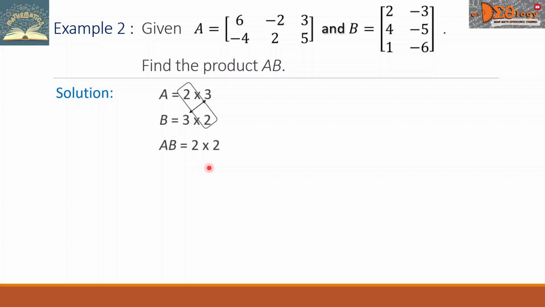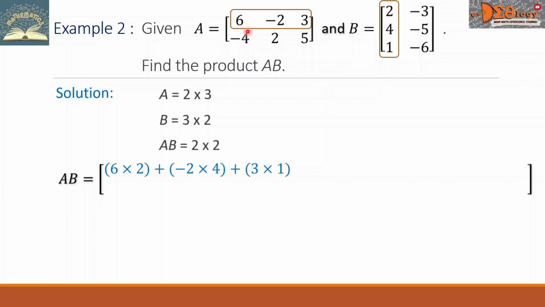Now let's start writing the elements for the product AB. Let's begin with first row, first column element. So we multiply corresponding elements. So we have 6 times 2 plus negative 2 times 4 plus 3 times 1. Next, second row, first column. So we have negative 4 times 2 plus 2 times 4 plus 5 times 1.